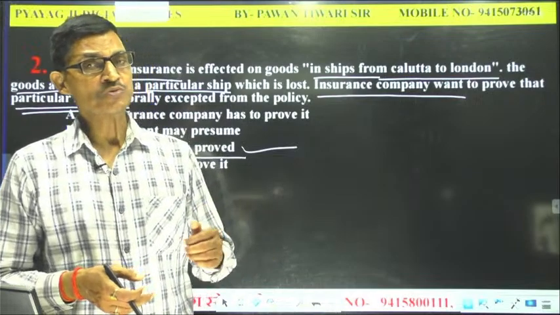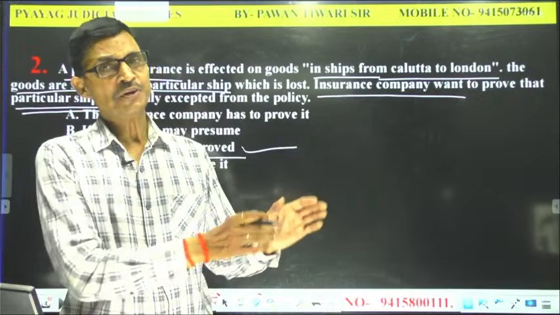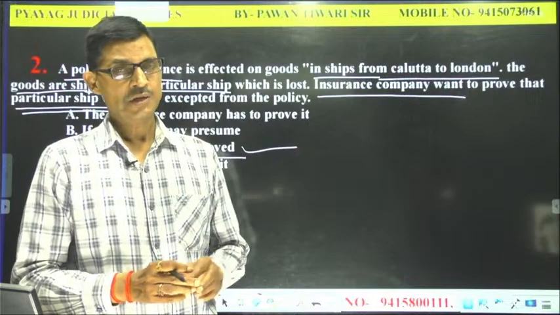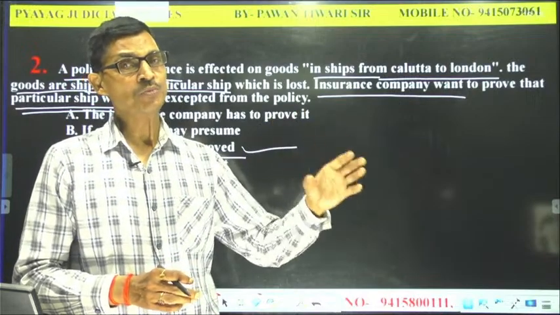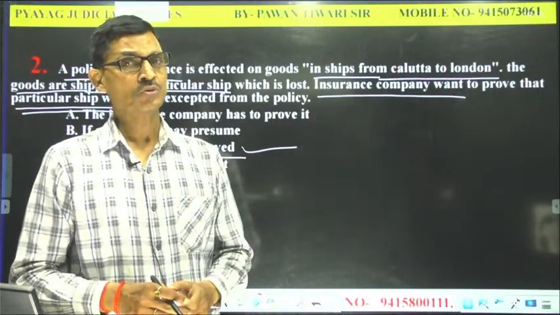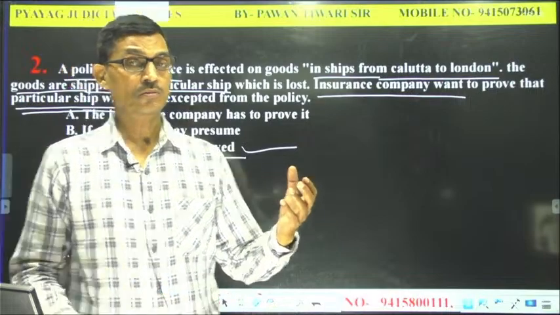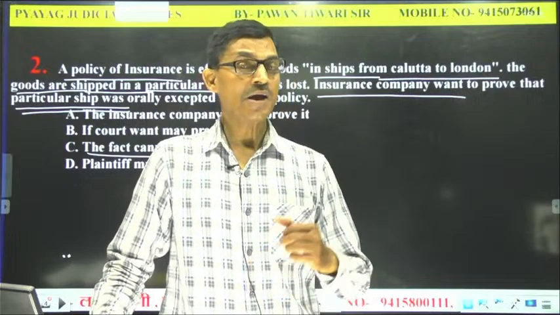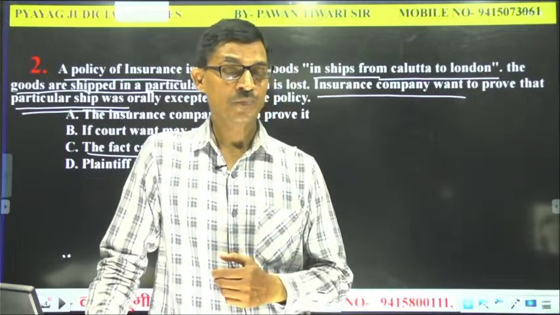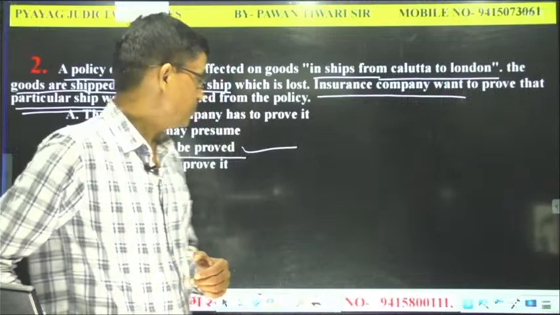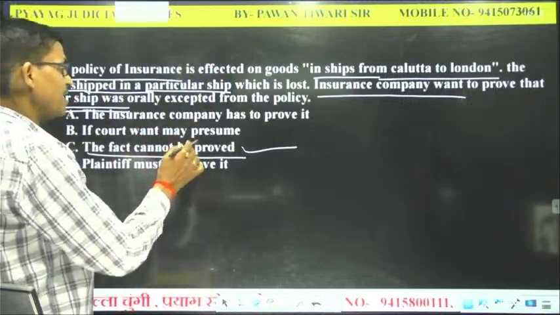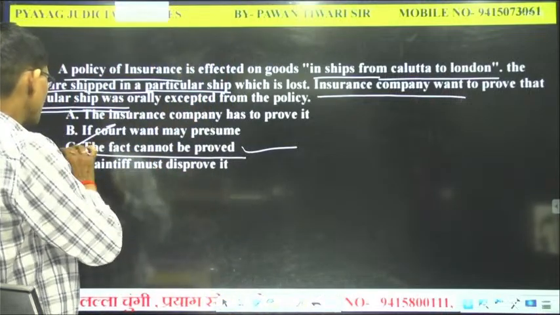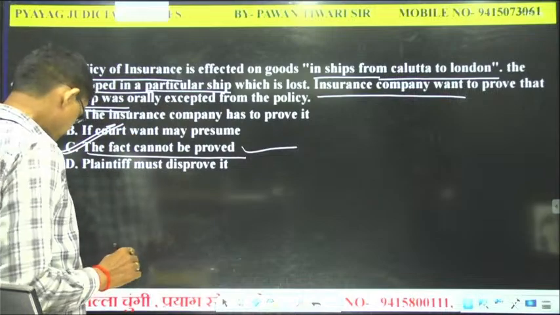And according to section 92, if it is executed and proved under section 91, no oral terms are required to be proved. So under section 92, the fact cannot be proved. This is the correct answer of the question.